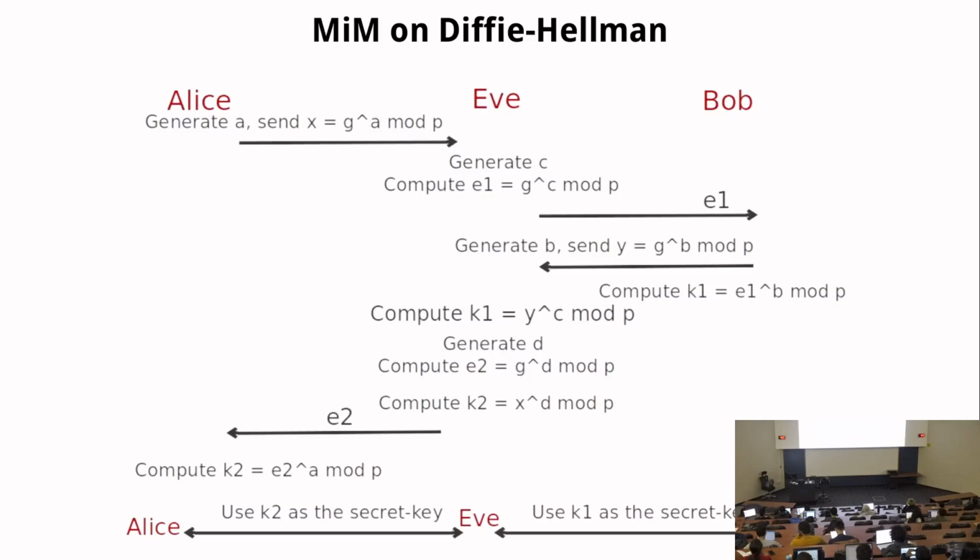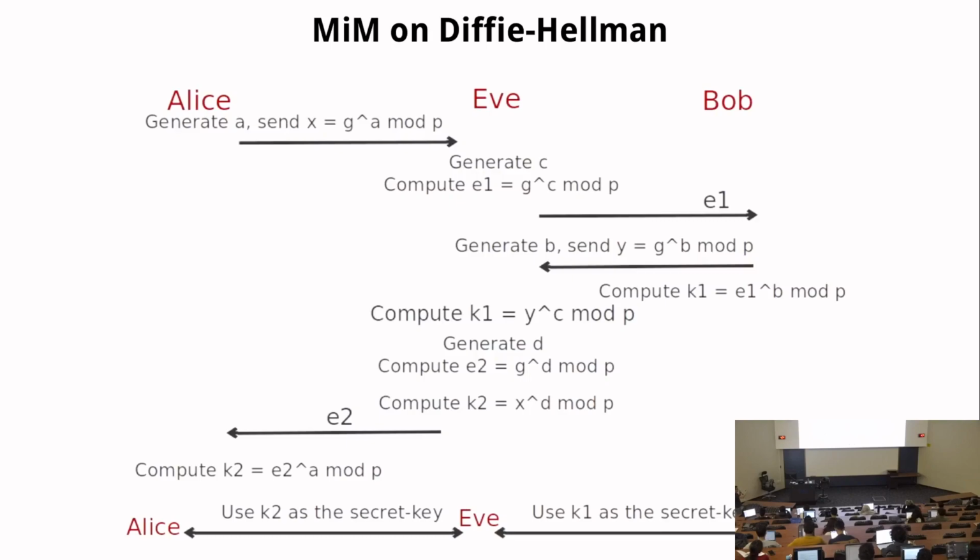Eve is going to establish a secure communication channel with Alice and also independently create another secure channel with Bob. Alice has a secure communication channel with Eve, but Alice believes the secure communication channel she has is with Bob. She doesn't know about Eve.